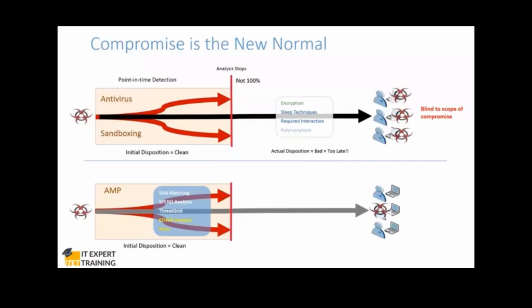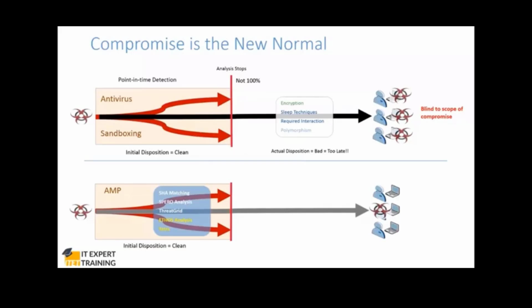The other one is Ethos. This is again a file grouping engine. It allows us to group families of files together, and if you see any variants of malware, they mark the Ethos hash as malicious, and the whole family of malware is instantly detected. So they are using those technologies.